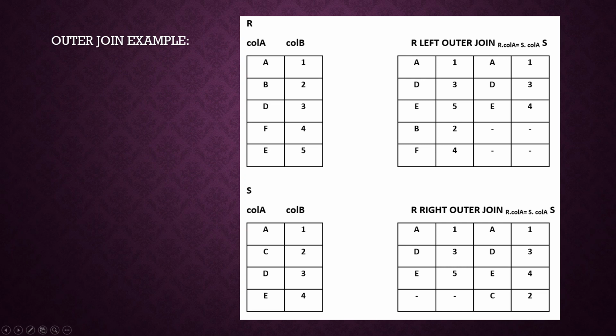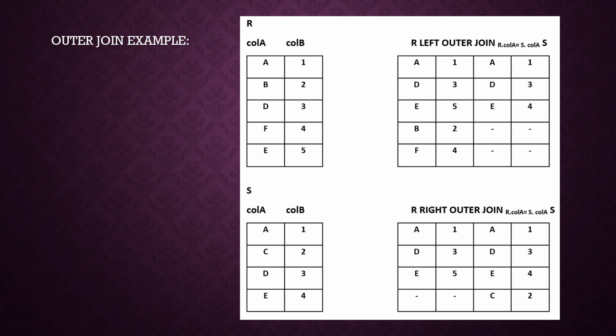The condition is R dot column A equal to S dot column A, so R left outer join S on R dot column A equal to S dot column A.